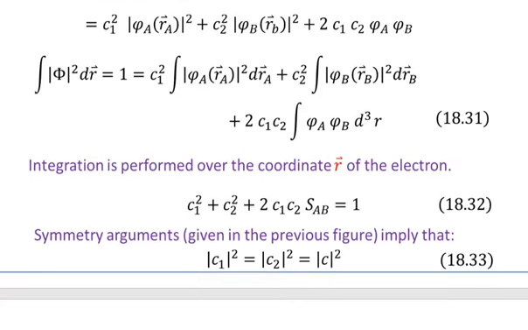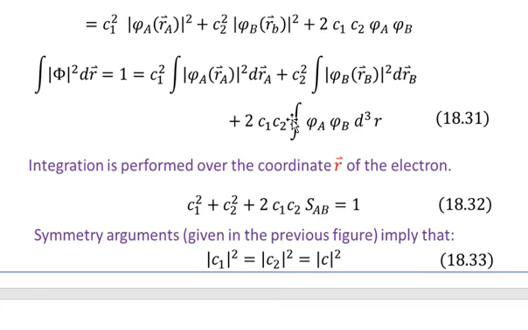Integration is performed over the coordinate r of the electron, and you know that the absolute square of phi A with respect to d r_A will be equal to unity, so I have replaced it with unity. And also the integral of the absolute square of phi B with respect to d r_B is also unity, so I have written unity with it.